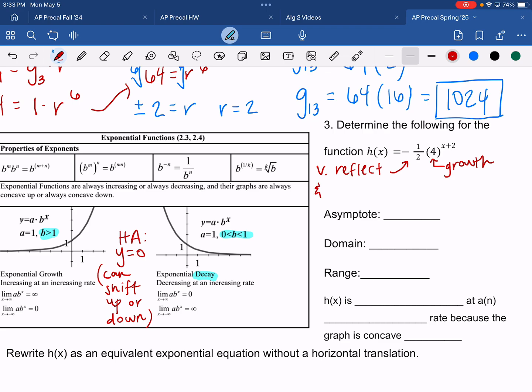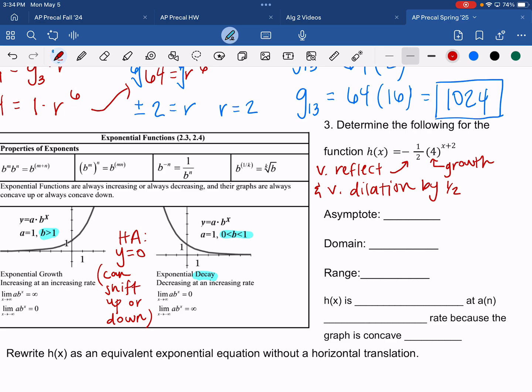How do you know if it's reflected? If it's reflected and it's growth. So this is reflected growth. I picked reflected growth for a reason here. Reflected growth means it's going to decrease.